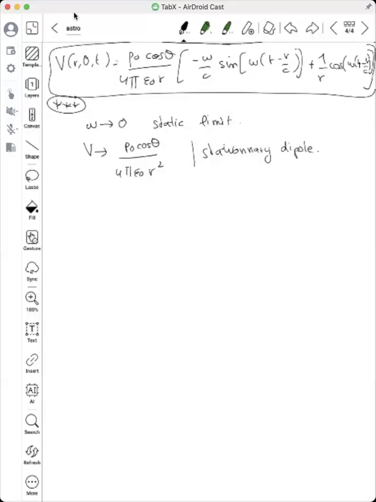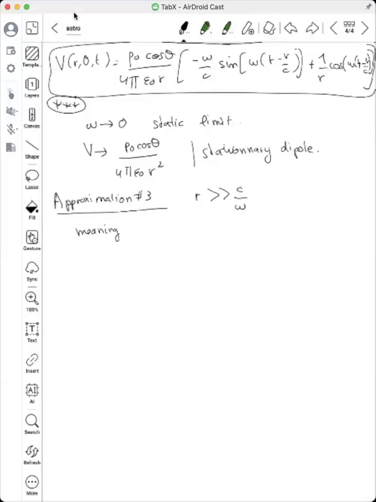And the third approximation that we're doing, and we will end with this and take a quick break, approximation number 3 would be to say that R is much larger than C over omega. Now let's reflect on the meaning of this approximation.